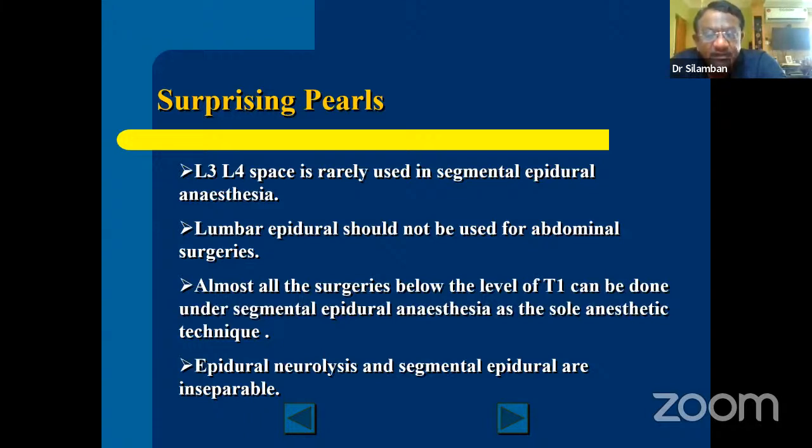For cancer pain relief, epidural neurolysis and segmental epidural are inseparable. Even if you can't do a celiac plexus block, you can put alcohol into the epidural space based on the segmental technique. With 3 to 4 ml given on 3 consecutive days, you can achieve pain relief for pancreatic cancers and abdominal cancers.